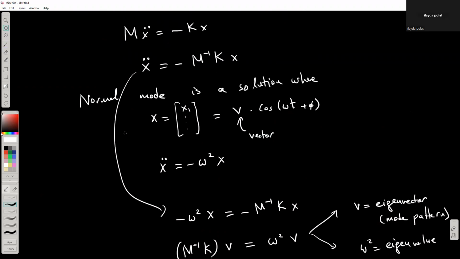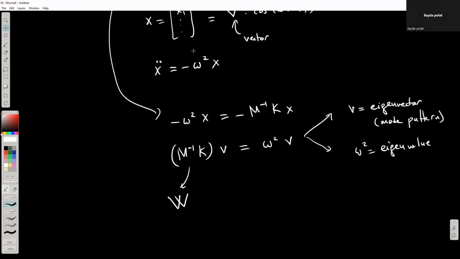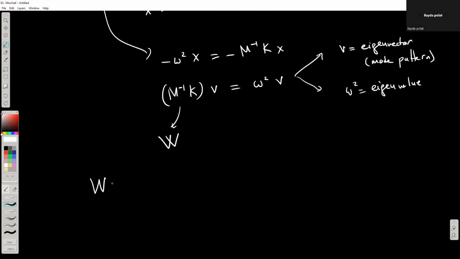So we know how the mass and the spring constant matrices transform. How does this W transform? Well, W is equal to M inverse K. So it transforms into, let's see, A_G transpose M A_G inverse. I made a mistake in here, sorry.